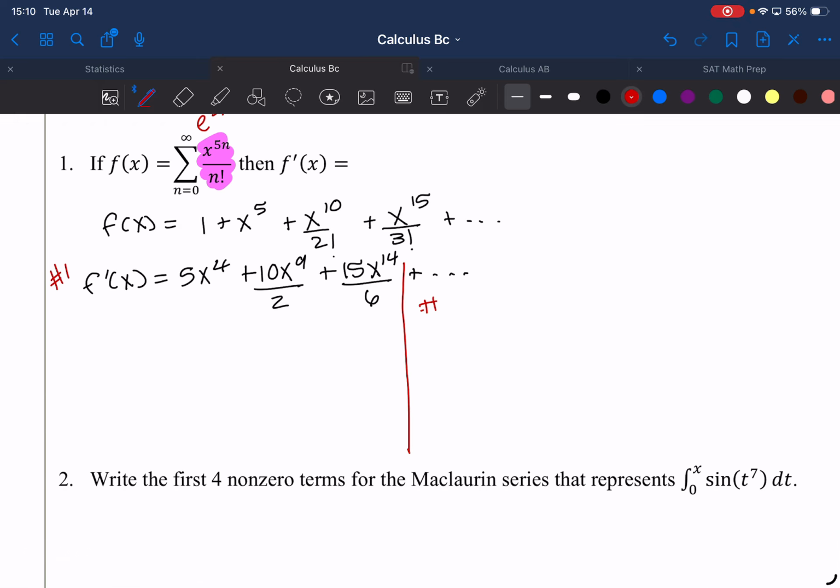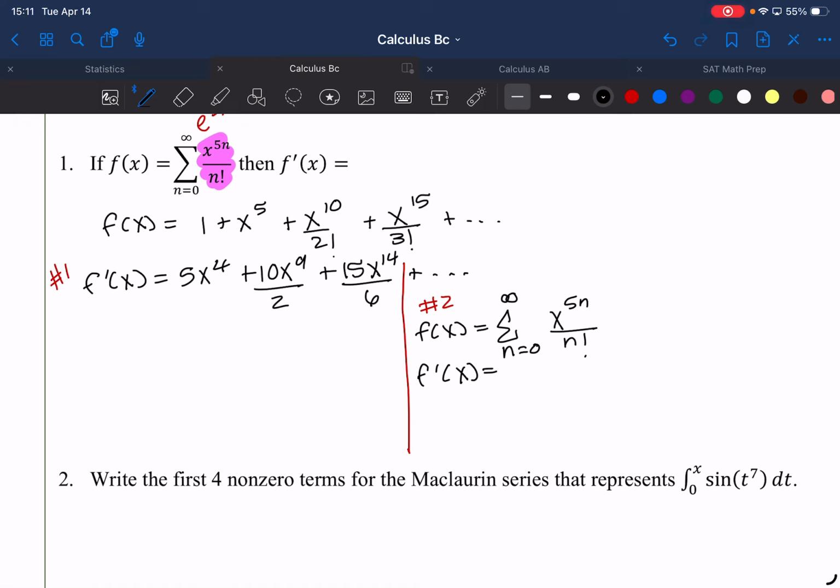Another way would be using the series notation. Okay. So first what I'm going to do is I'm going to rewrite what we have here for the function. So f of x is equal to the summation of n equals 0 to infinity x to the 5n over n factorial. Okay, so if I was to take the derivative of this, okay, I'm just using the power rule.